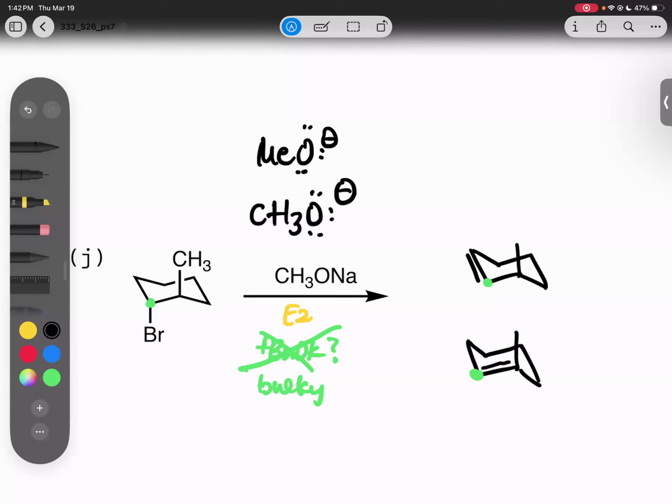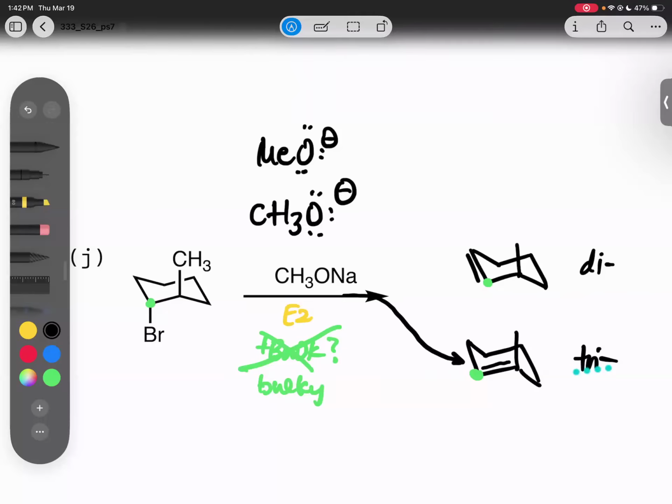So the first alkene, is this mono, di, tri, tetra substituted? How many substituents do we have coming off of that C=C double bond? Two. Disubstituted. What about the bottom one? Trisubstituted. So this is the more substituted alkene.